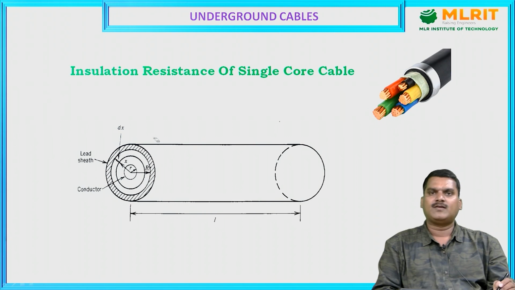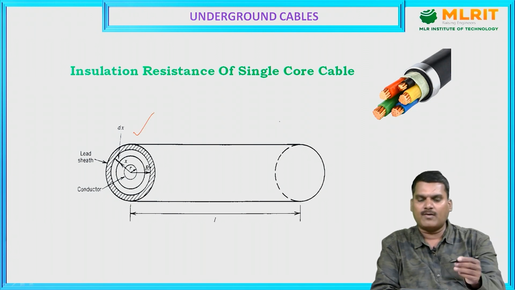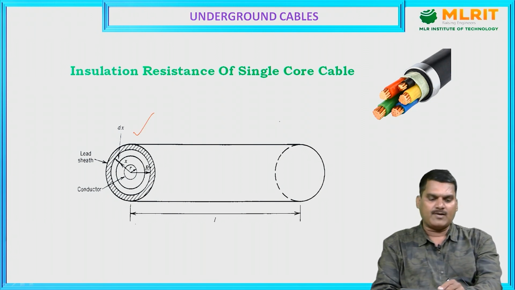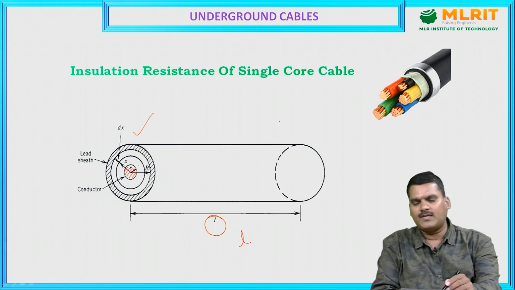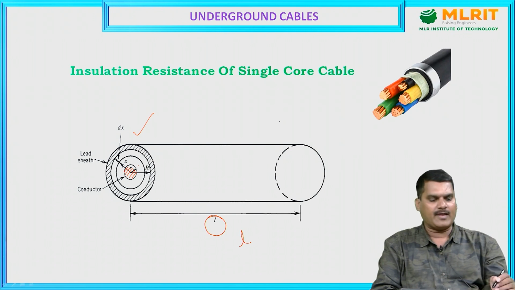If you see, the diagram is showing an underground cable. This is the cross section of the underground cable. The cable has a length L, which may be in meters or kilometers. In the middle of the underground cable, a copper or aluminum conductor is placed.